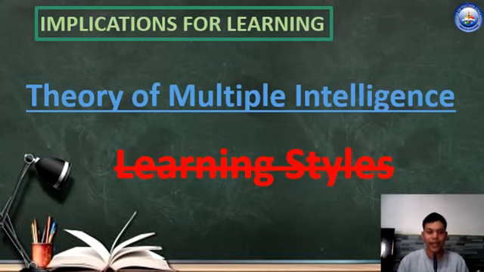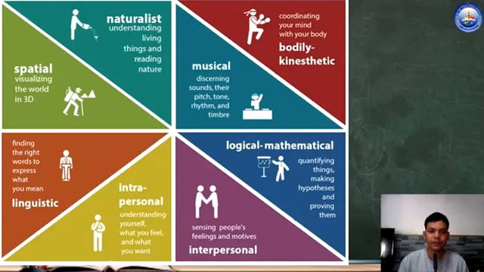So for the conclusion, multiple intelligence theory states that everyone has all 8 intelligences at varying degrees of proficiency, and individuals' learning style is unrelated to the areas in which they are the most intelligent. So for example, someone with linguistic intelligence may not necessarily learn best through writing and reading.